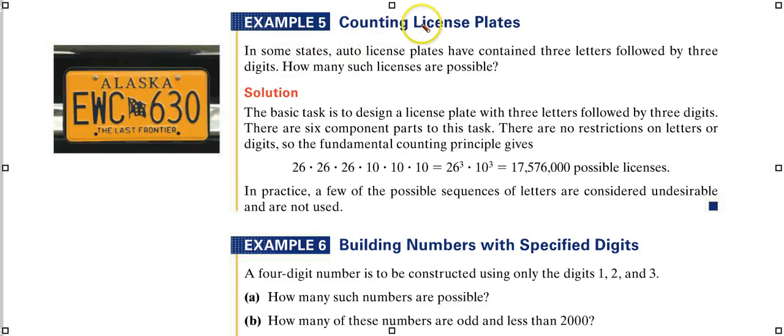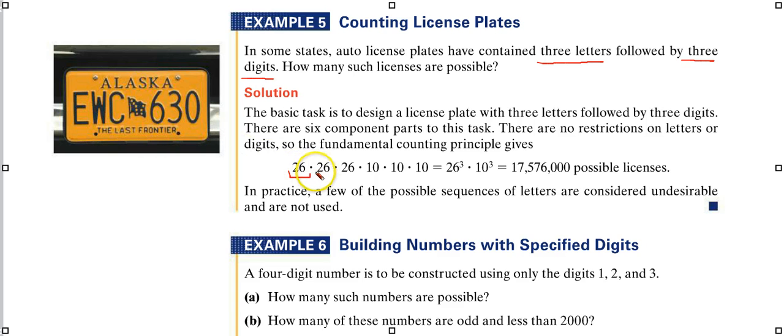So in counting license plate possibilities, they're going to contain 3 letters, 3 digits. So how many license plates, numbers, and combinations are possible? Well, we don't have to write this one out. How many letters in our alphabet? 26 for the first.